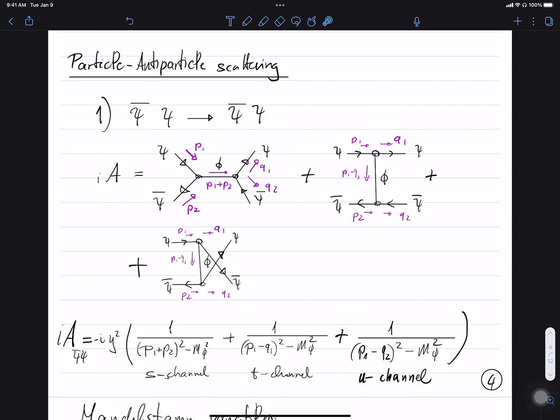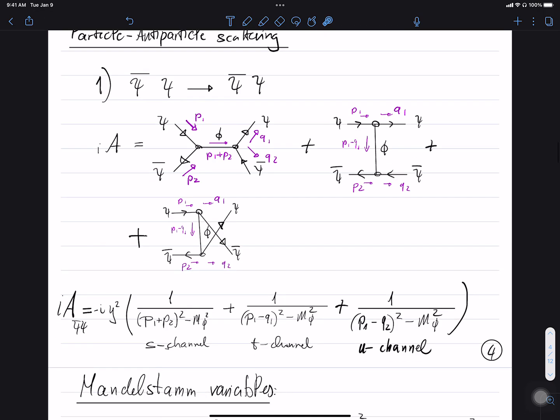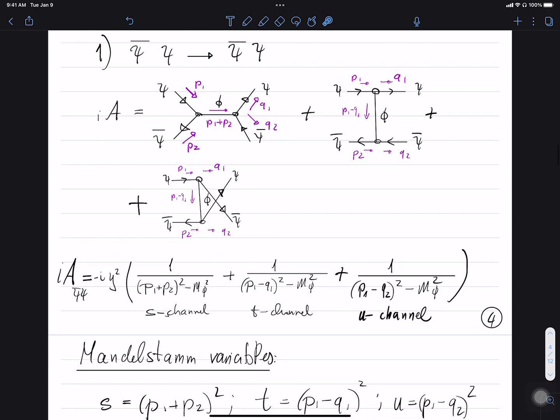But they can also exchange the phi, as we've seen before, in the T channel and in the U channel way. The momentum assignments are basically the same as in the other examples. And here we have the sum of the momentum going through this internal line, which is the propagator of phi, and we will see how that is actually important later.